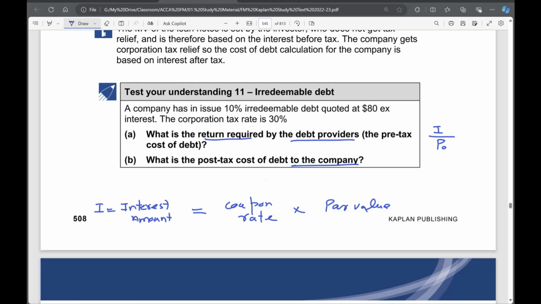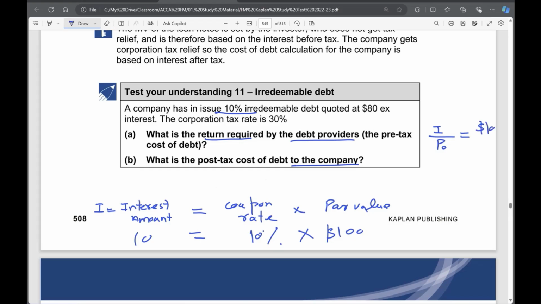Don't multiply by the market value, because market value will keep on changing. You pay the coupon based on the par value. In this case, 10% is the coupon rate, and if the par value was not mentioned, always assume 100. So $10. My I is $10.